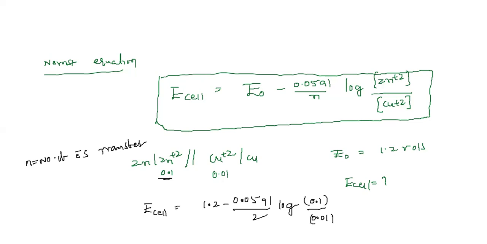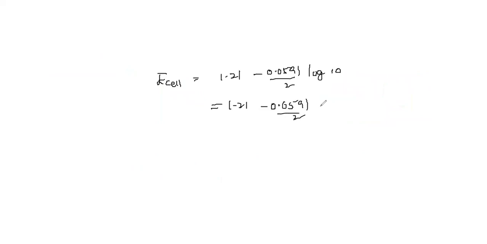So E cell equal to 1.21 minus 0.0591 by 2 log 10, and log 10 is 1. So 1.21 minus 0.0295.